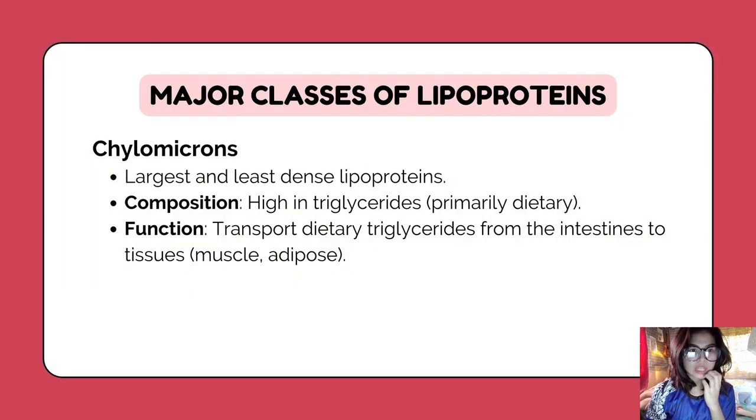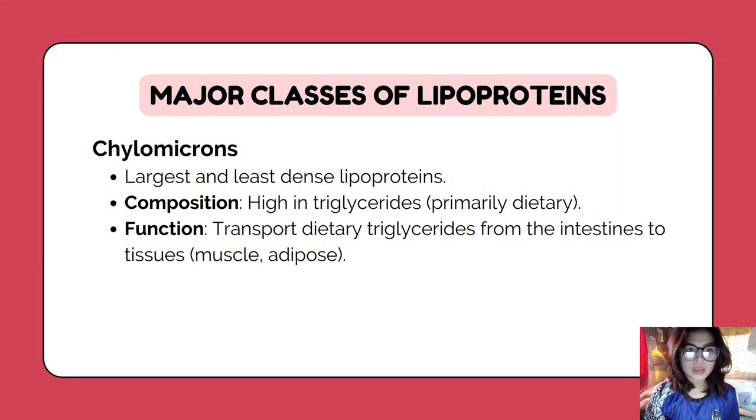So now let's look at the different types of lipoproteins. They're classified based on their density, which is determined by the ratio of lipids to proteins. We'll start with the chylomicrons, which are the largest and least dense. What is their primary role?